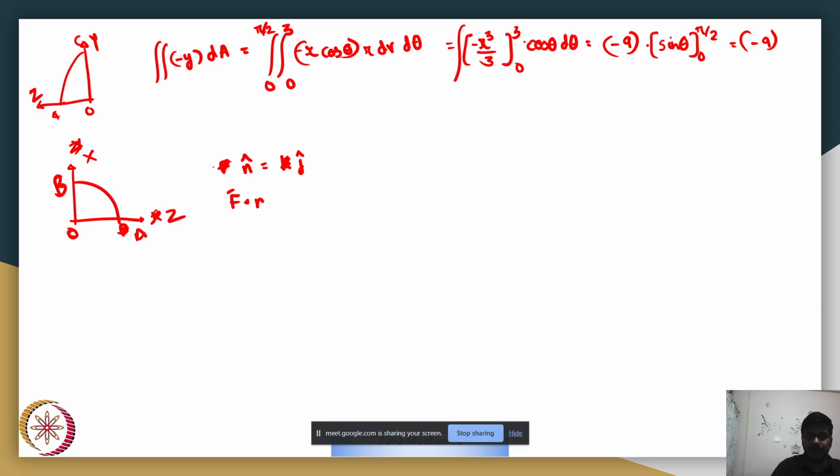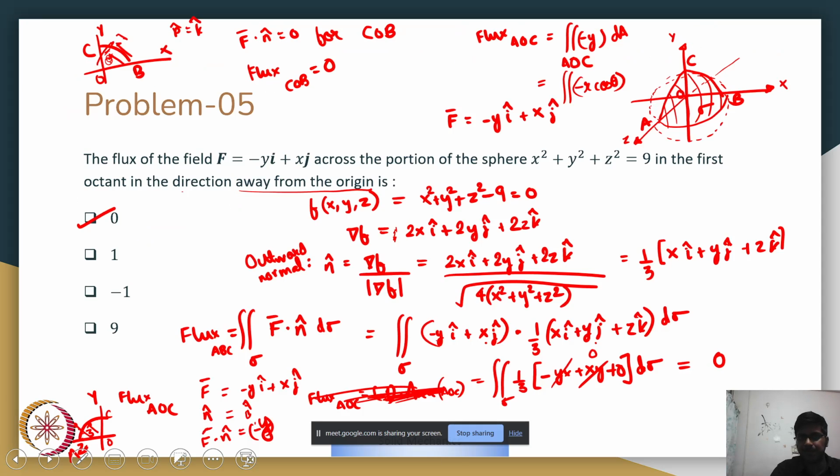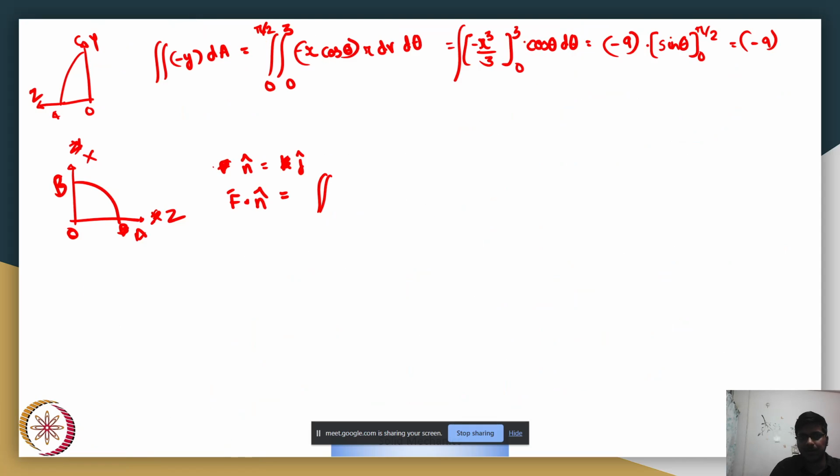Therefore my f dot n would be nothing but x, double integral x dA, which is nothing but r sine theta r dr d theta, r varying from 0 to 3, theta varying from 0 to pi by 2.